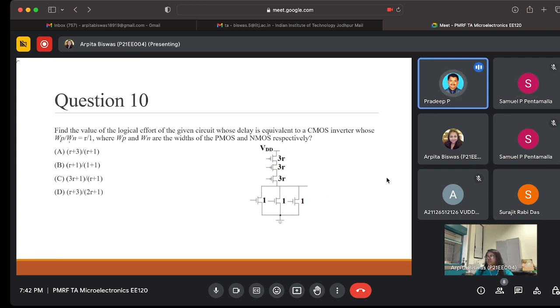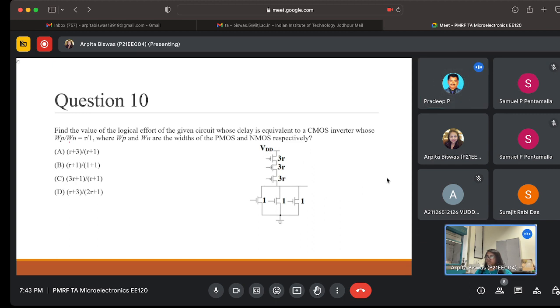So this is question 10. There is so much noise coming. Find out the value of logical effort of the given circuit whose delay is equivalent to the CMOS inverter, whose WP by WN is R by 1, where WP and WN are the widths of PMOS and NMOS respectively.